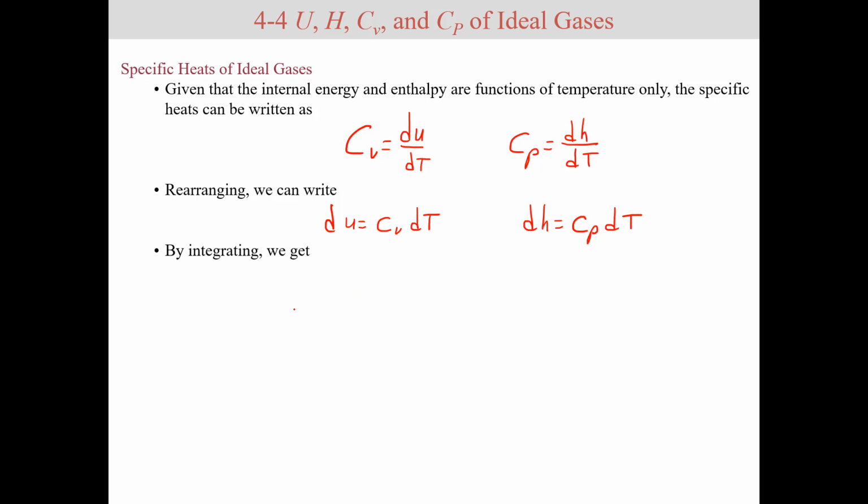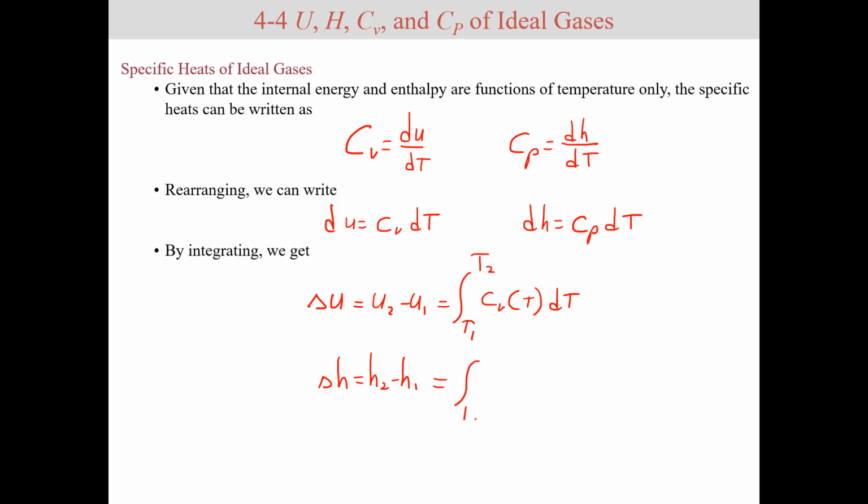By integrating it, I get that delta u is equal to u2 minus u1. Basically it means integrating the specific heat at constant volume as a function of temperature, right, over the temperature range. Same thing for delta h. Delta h equals h2 minus h1.